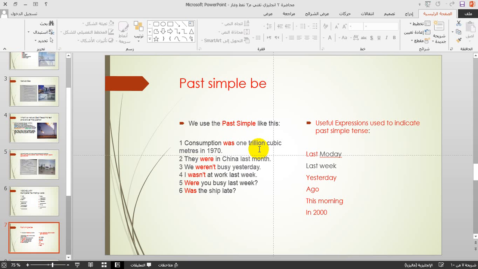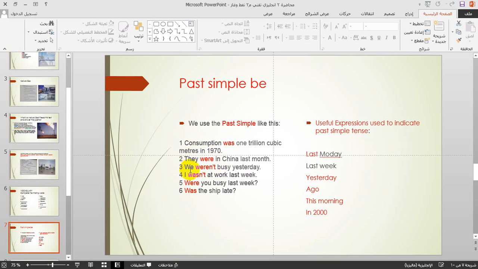We were not busy yesterday. Number four, I wasn't at work last week. Number five, were you busy last week? Was the ship late? That's a question. So these are in the past simple. How to make sentences in the past simple tense.